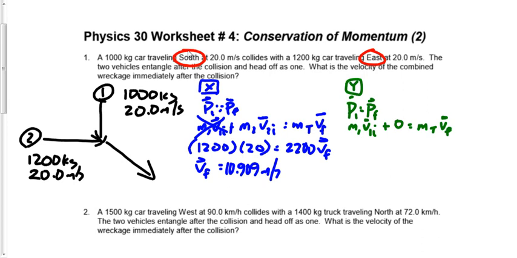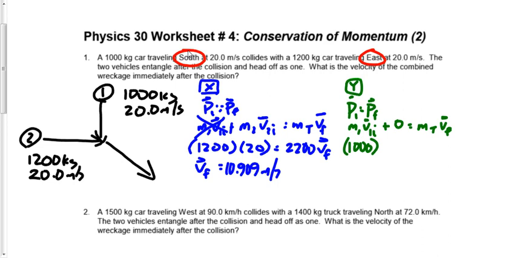Now, here I wrote in the term and then crossed it off. Here, I just wrote in 0. Some of you may just skip it altogether, which is fine. M1 is 1,000. So what's V1I in this?